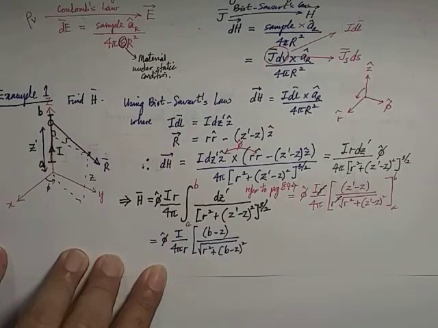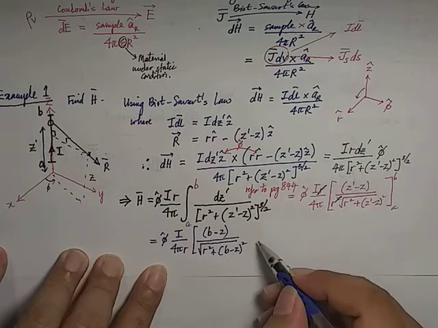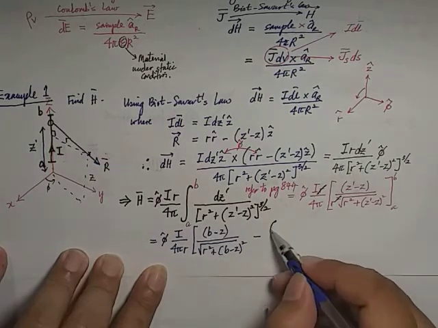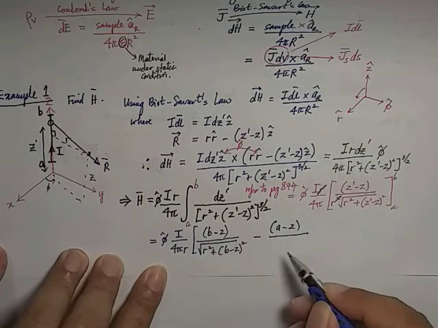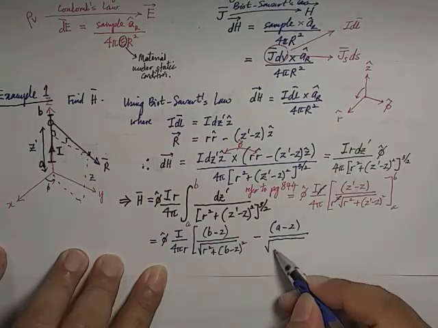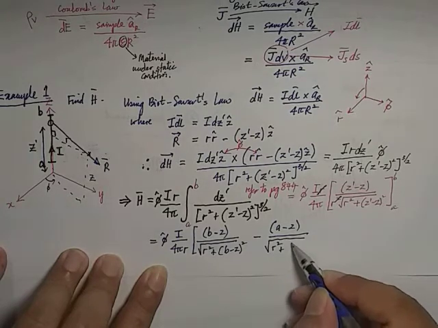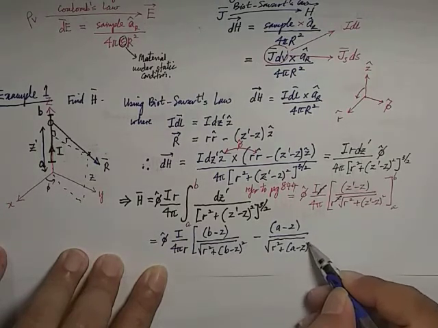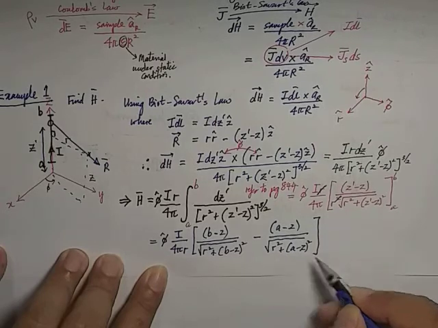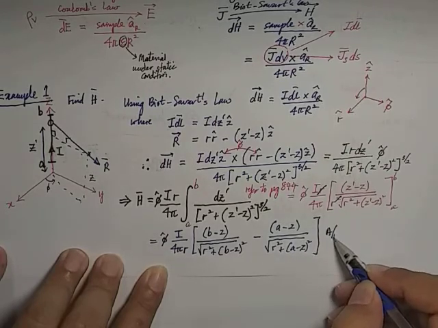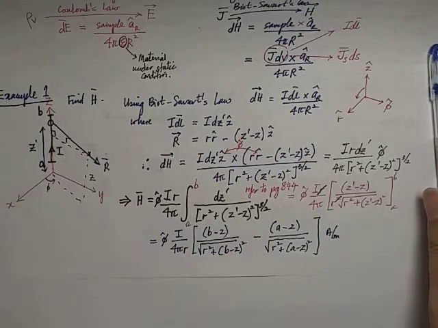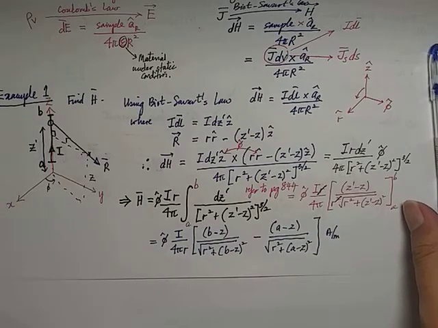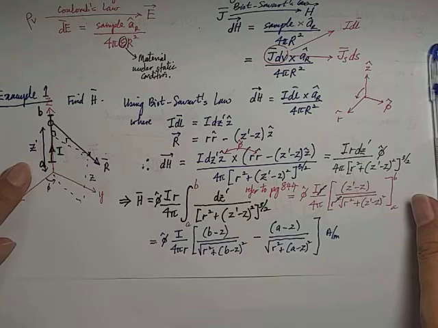That is the first substitution for the limit, minus the second substitution, which is a minus z over the square root of r square plus a minus z square. Close bracket, and the unit should be ampere per meter. So that should be the solution of our magnetic field generated by our line current as shown here.